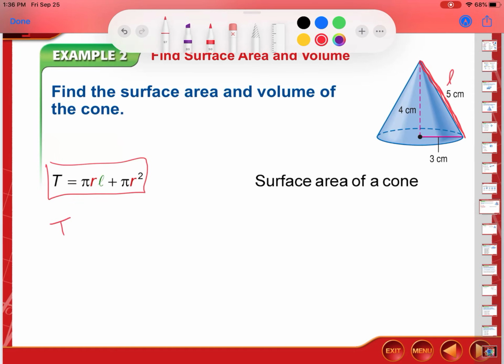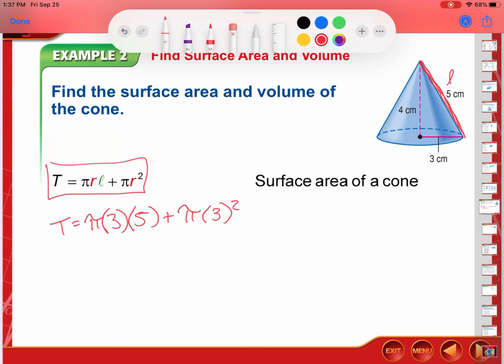So T equals pi, my radius is 3, times L, which is 5, plus pi r squared. Pi radius, which is 3, squared.